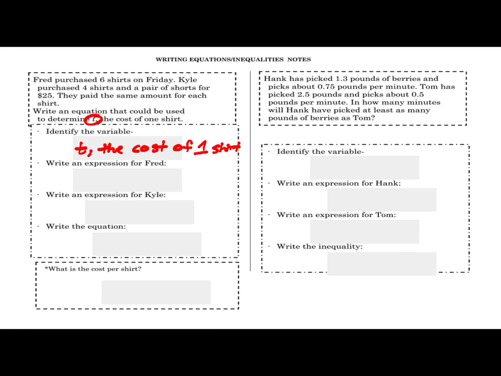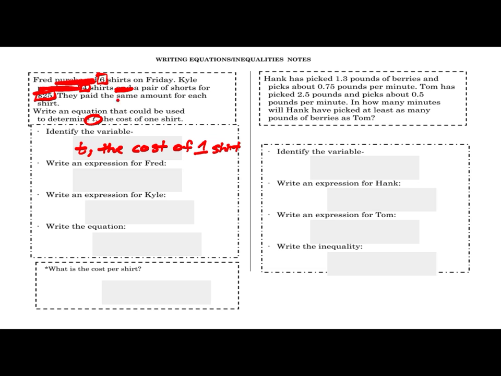Okay. Now then, I got the unknown. I'm going to highlight my problem. So we got purchased and purchased. And then I'm going to box my constant. It's in my coefficients.